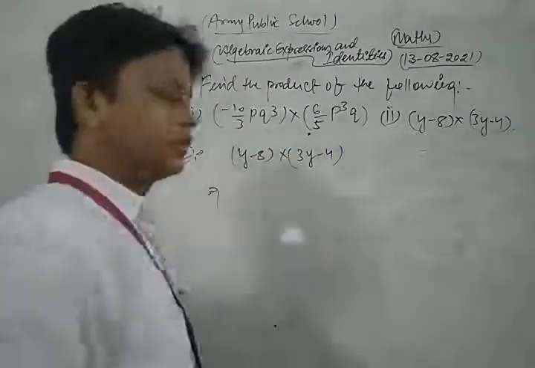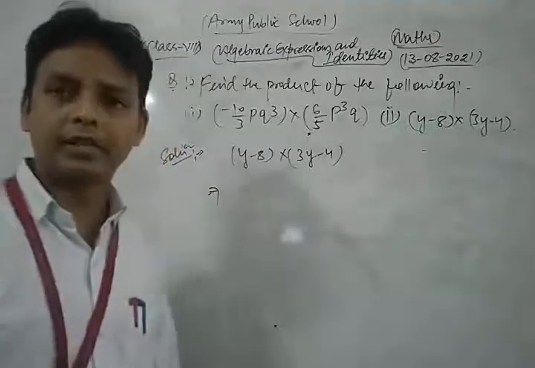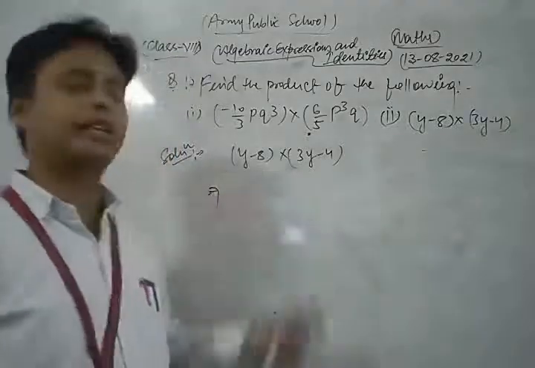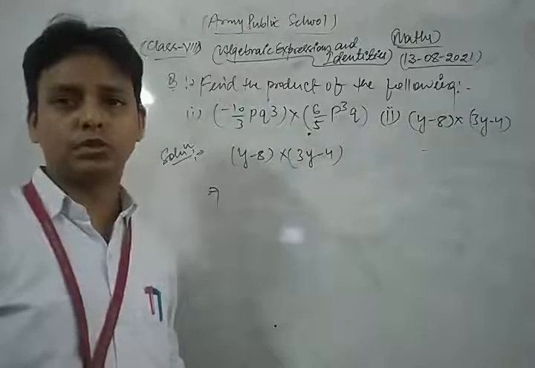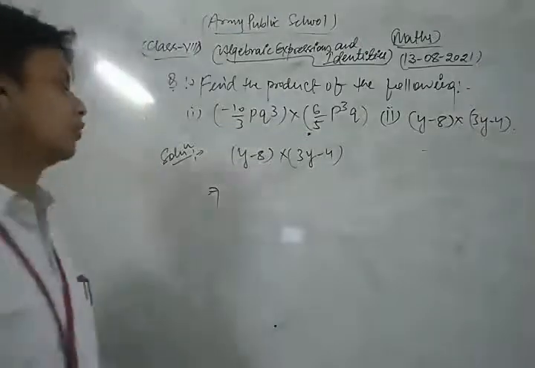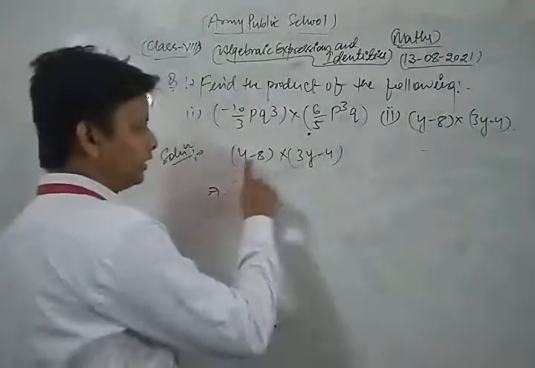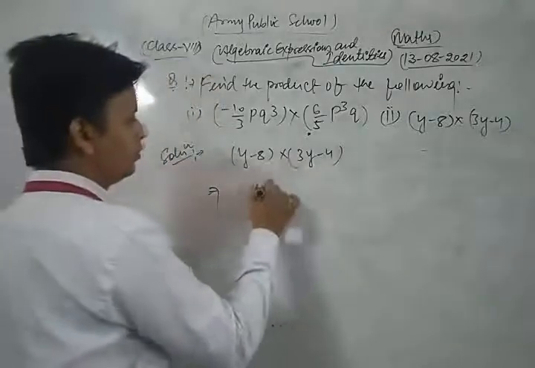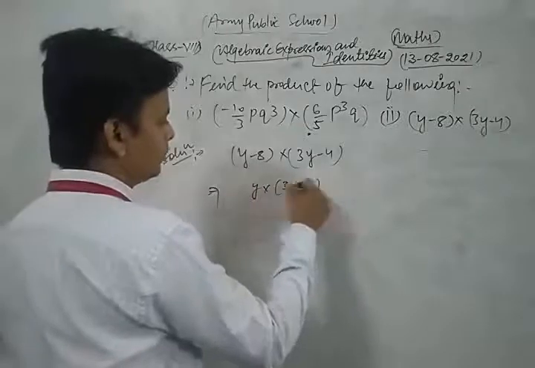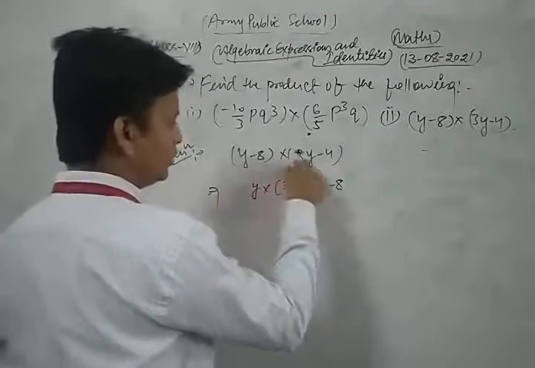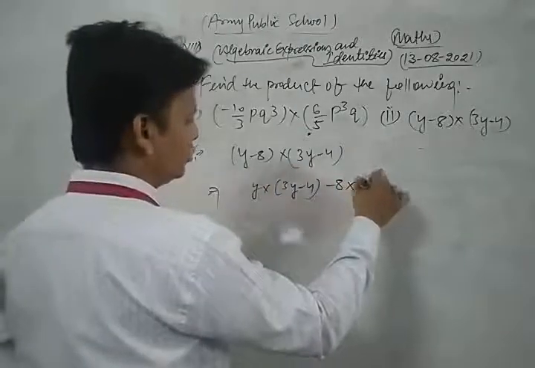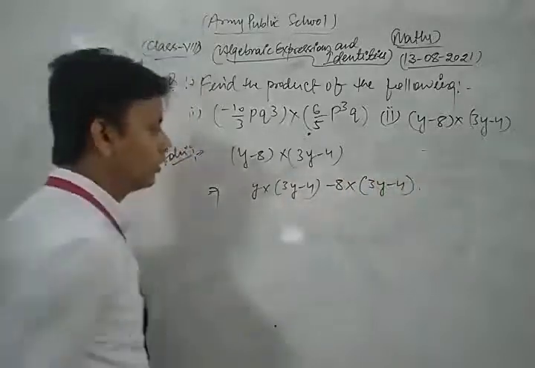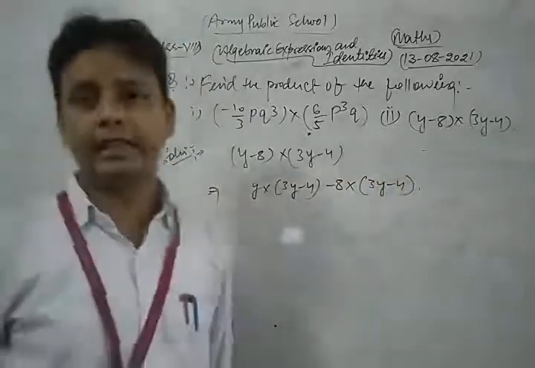This is the product of binomial expressions, because each contains two terms, so both are binomial. Now look, first of all we take y and multiply it with each term. So we can write y into 3y minus 4, now minus 8 into 3y minus 4. First of all we expand them.